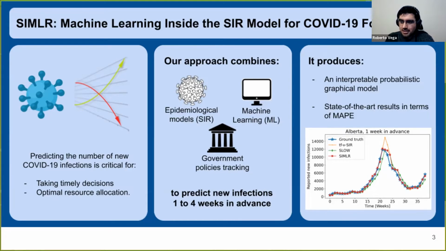For example, if you say 80 cases and there were 100, well, the error is 20. 20 over 100 is an error of 20%. So this is how we compute the MAPE. It's just the percentage of error. And we were very successful in doing this. So this is the conclusion: we combine these 3 elements and then we can make accurate predictions. Now let me tell you how we do this.